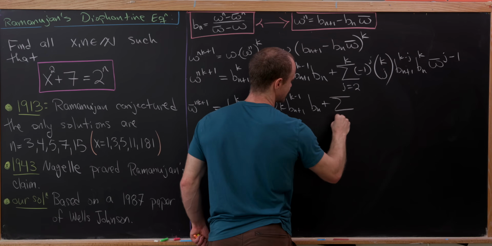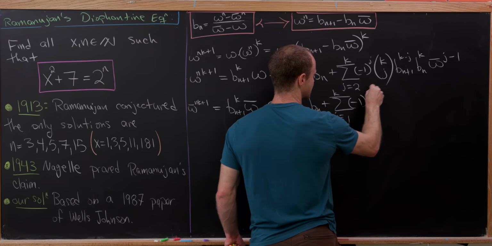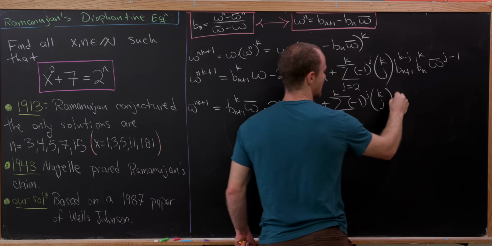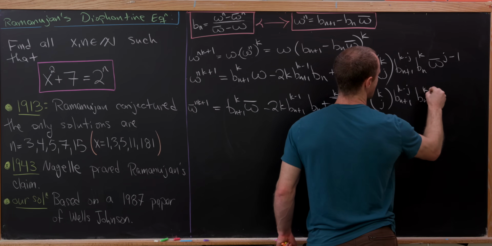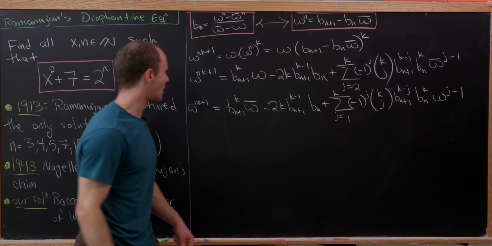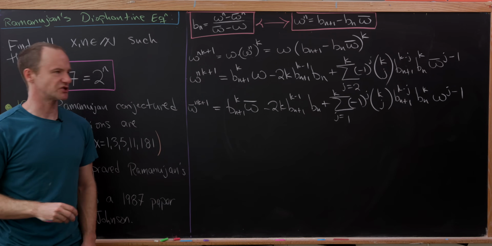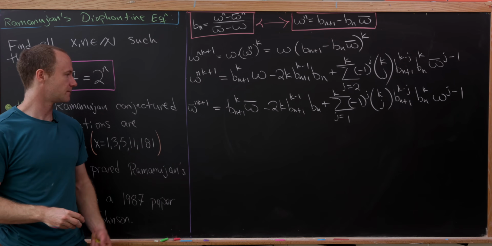And then every term in here will get barred. So here we have minus 1 to the j, k choose j, bn plus 1 to the k minus j, bn to the k, and then we'll have omega to the j minus 1. Because if you bar something that's been conjugated, that just goes back to the original.